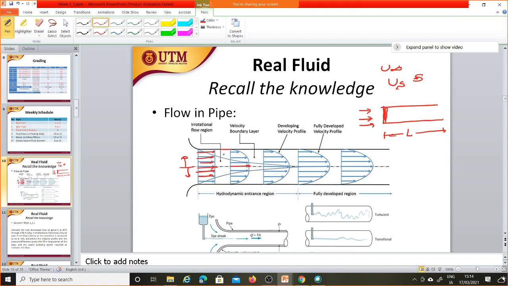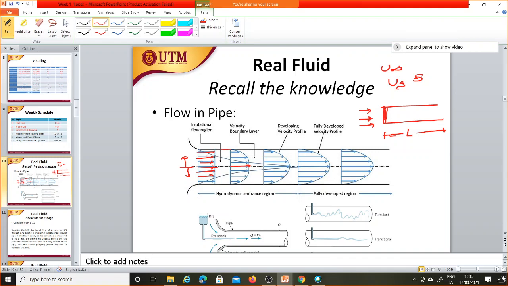It means the zone that belongs to the real part, or boundary layer part, is gradually increasing, and the ideal part is gradually decreasing. So this separation line will gradually reduce, and at the end here you can see there is no more ideal part, meaning that where the velocity change is constant.